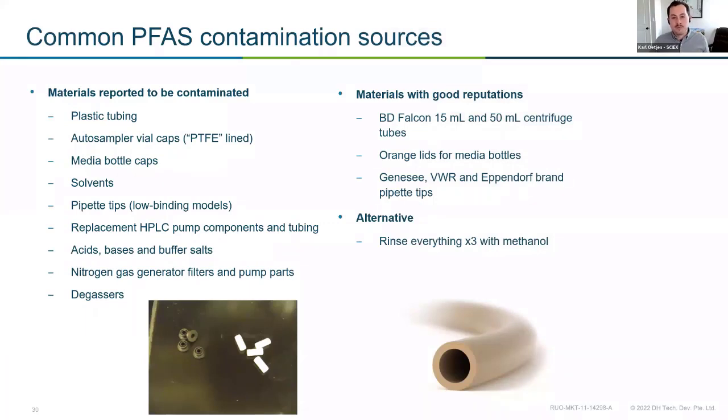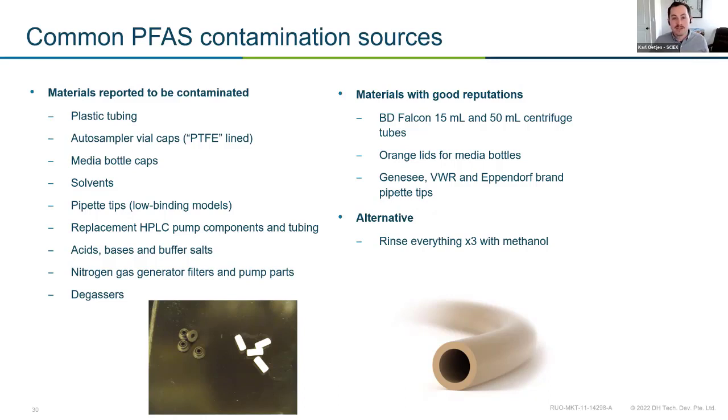So we talked about some of the properties of PFAS, mainly it being non-stick. And when we think of things that are non-stick, well, that's a great thing to have in the lab, right? We don't want our contaminants or our analytes sticking to our tubing, et cetera. But it becomes a little bit tricky when we're trying to analyze PFAS, and the properties sometimes that make those things non-stick are in fact PFAS compounds.